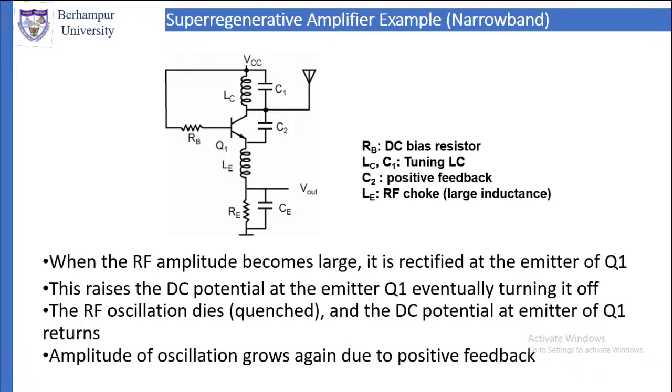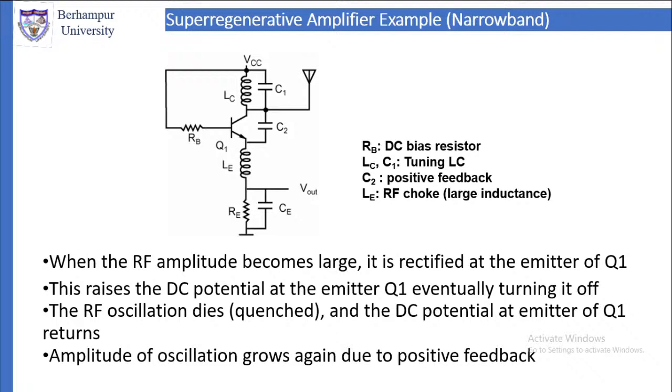So this will raise the DC potential at the emitter of Q1, which means the voltage across the emitter base junction is increased. That will switch off Q1, because that is reverse bias. So Q1 will be switched off.